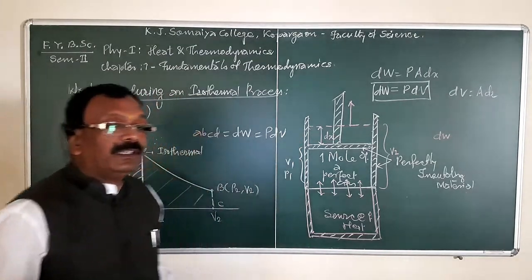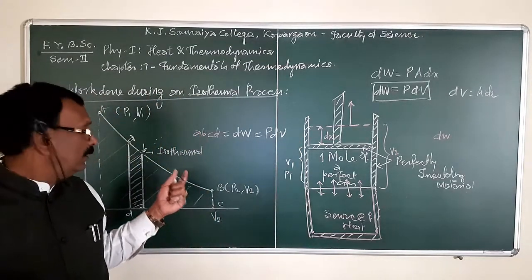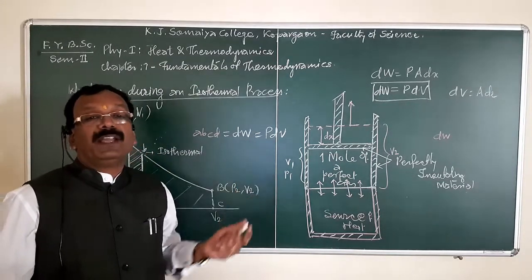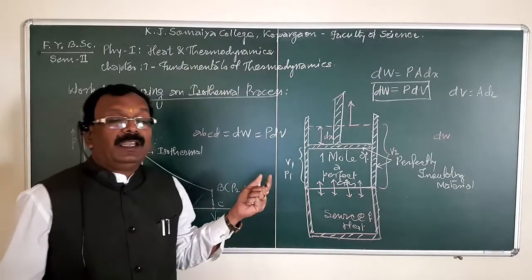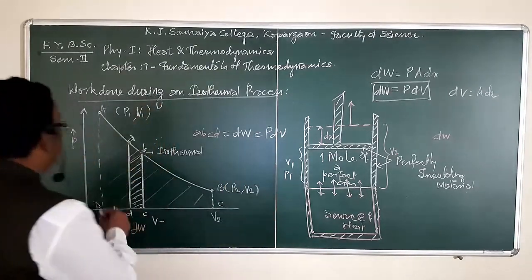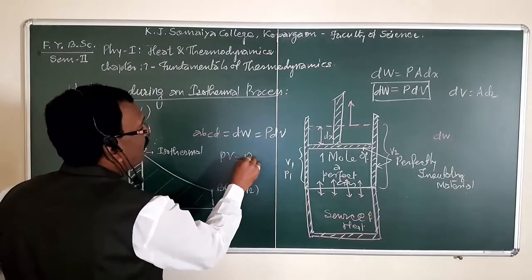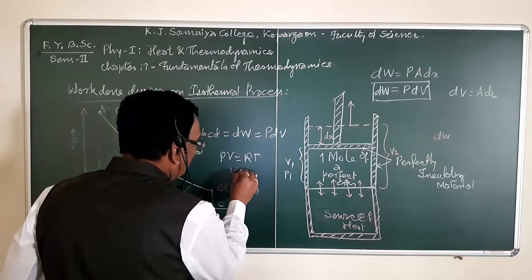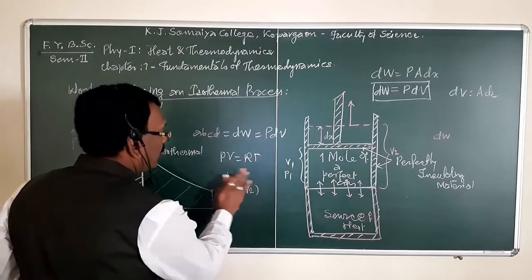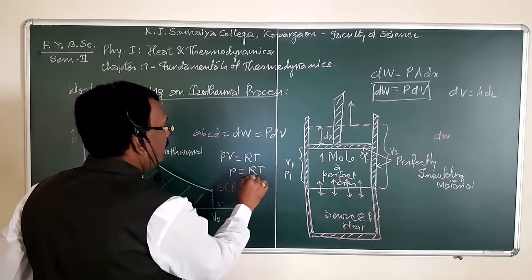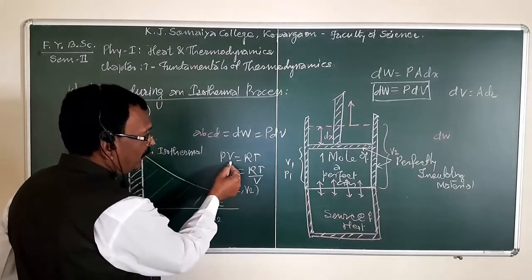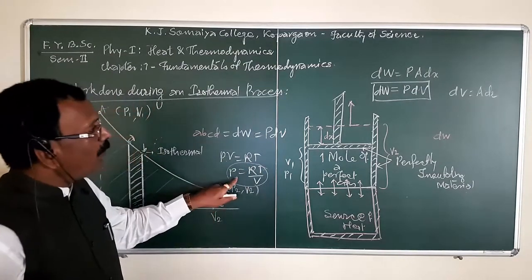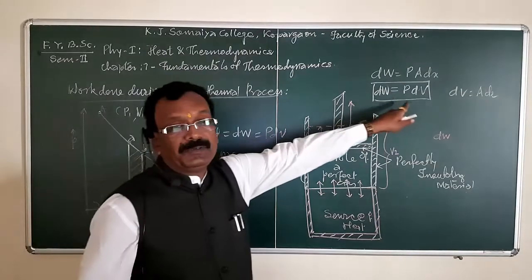Now here, remember that we consider 1 mole of a perfect gas, and for 1 mole of perfect gas we know that PV is equal to what? RT. This equation gives P is equal to RT upon V. Substitute this value of P in this equation.